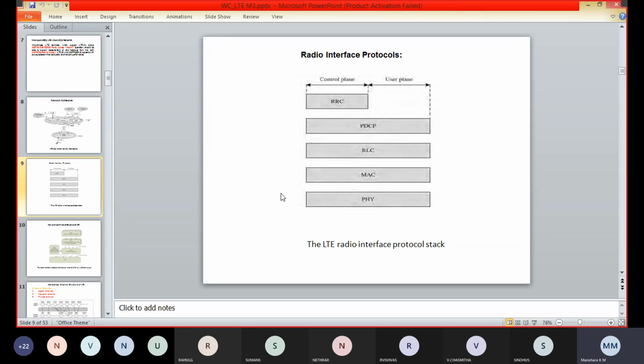The next mode is the acknowledged mode. The AM mode is the most complex one, and it is configured to request a retransmission of the missing PDUs, that is protocol data units, in addition to the features supported by the UM mode.